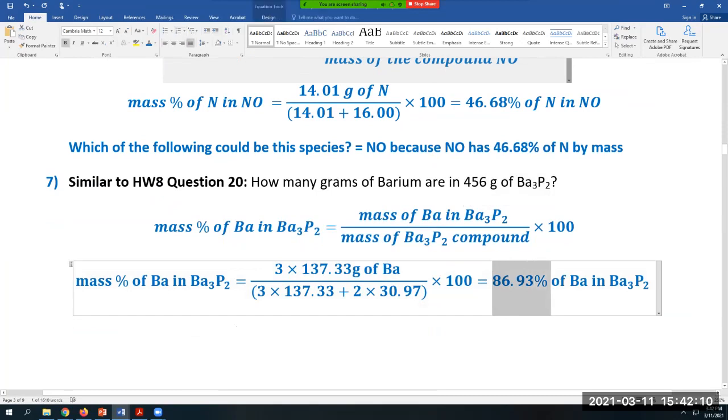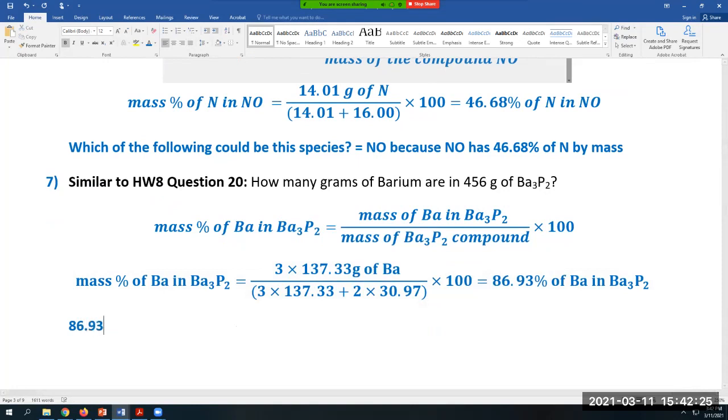The percentage can be seen as the mass of barium for 100 grams of the compound. So that's how you should see that. It means 86.93 grams of barium in 100 grams of Ba3P2. That's what the mass percent means.